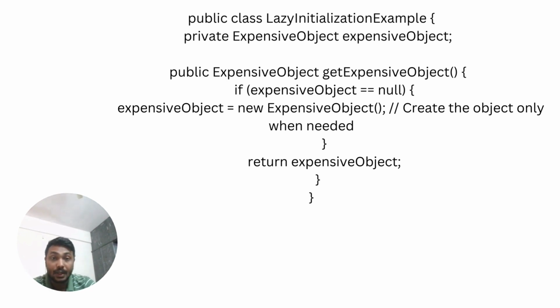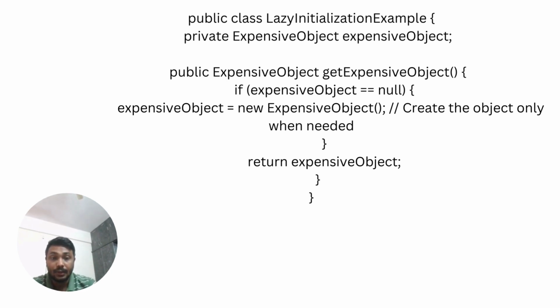Then we access that expensive object using a getObject method, and we check if the expensive object is null, then we only create it. Otherwise we are not creating any object, which saves our resources. It should check first, and if it is not there, only then will it create it.